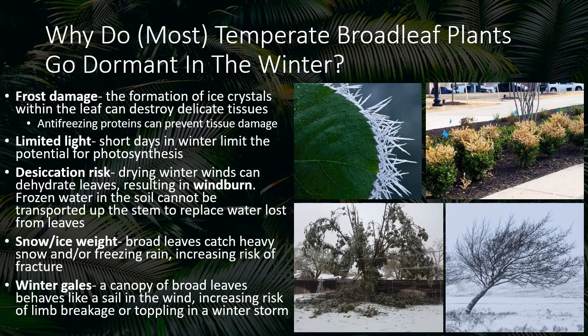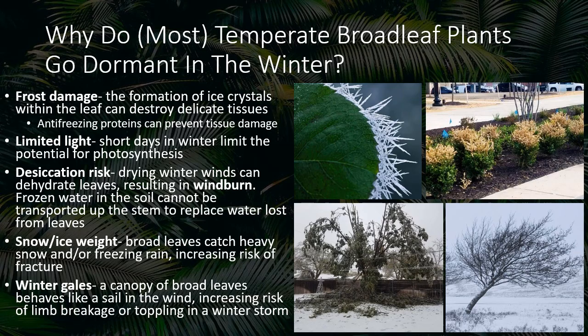Talking about leaves, it's very important to understand why most plants go dormant in the winter. The angiosperms, or the flowering plants, are of tropical origin. They originally evolved in the tropics and then had to develop special adaptations in order to survive in the temperate regions of the world.